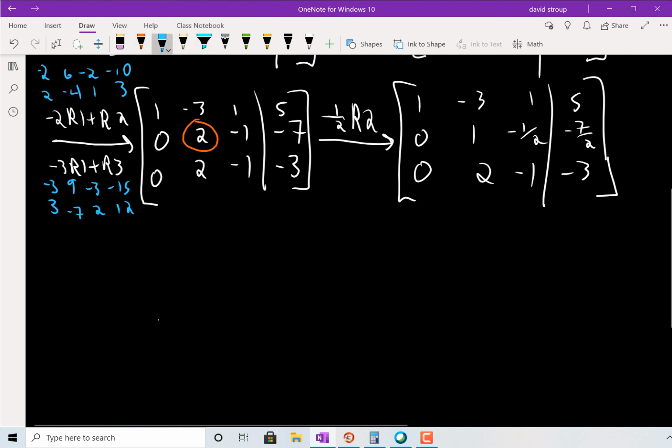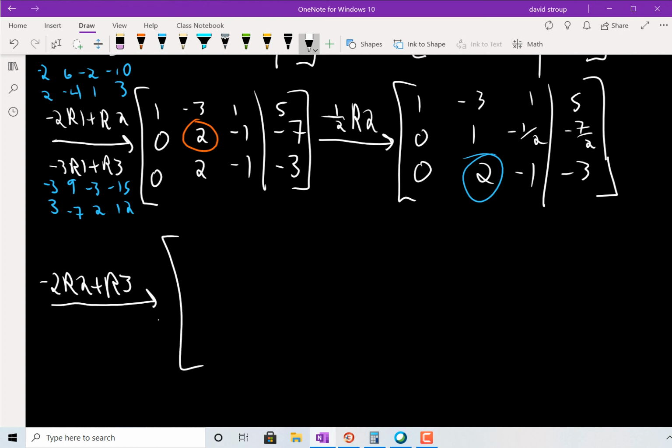So I need to get a 0 below my pivot position. So I'm going to go -2, row 2 plus row 3. 1, -3, 1, 5. 0, 1, -1/2, -7/2.